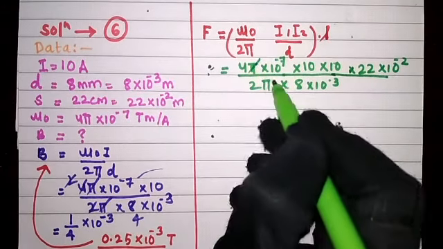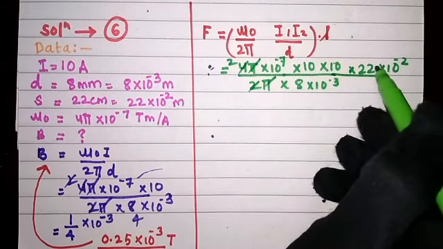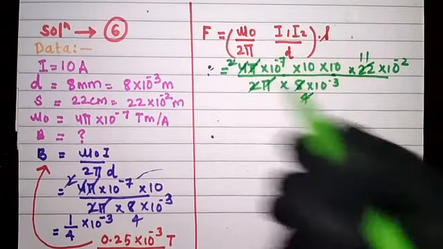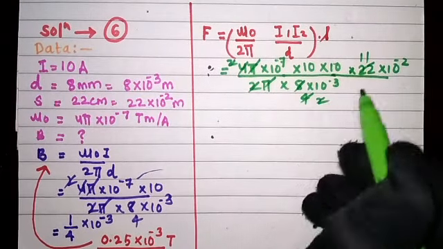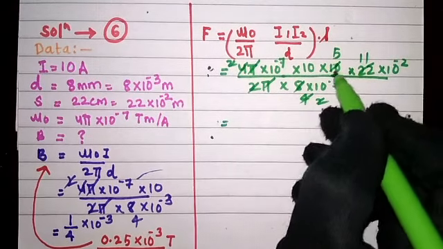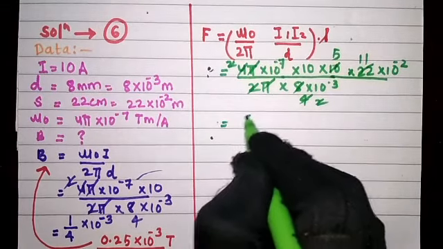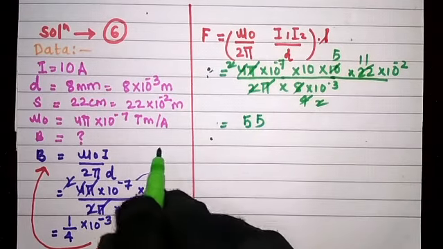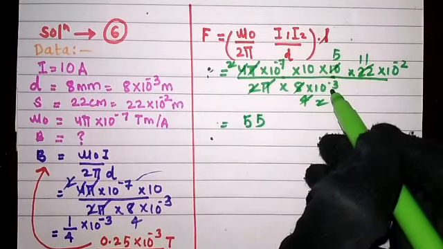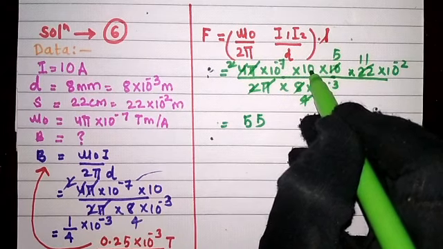Now pi will cancel, 2 2s are 4, then 4, then again 2, then 2, 5. So finally 5 11s are 55, we will directly write it as 55. Now see the powers. 10 raised to minus 3, 10 raised to minus 7, 10, that is 10 raised to plus 1.